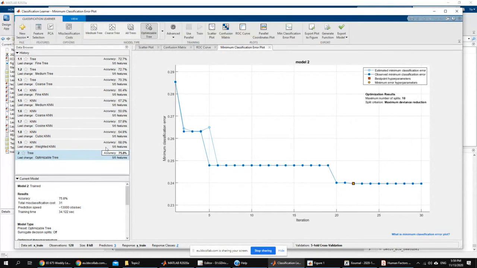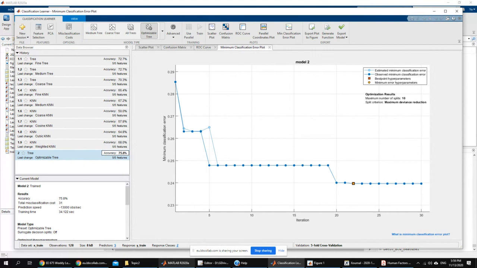So the best result is 75.8%, which is extremely poor. So definitely the features that are not significant will not give you good performance. This is important to keep in mind.